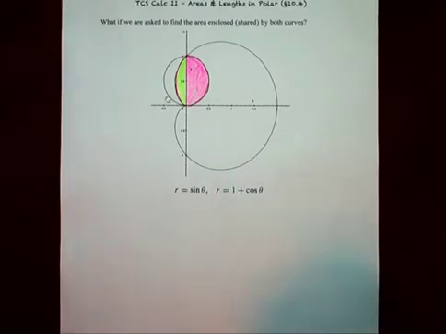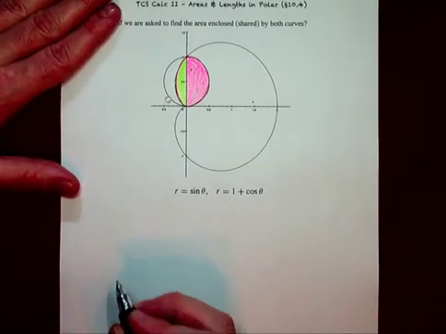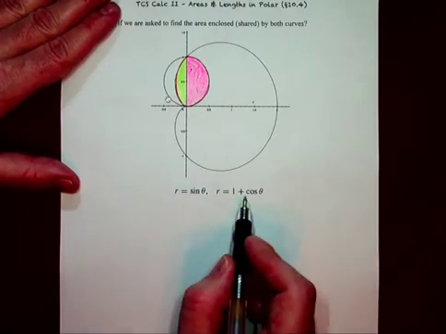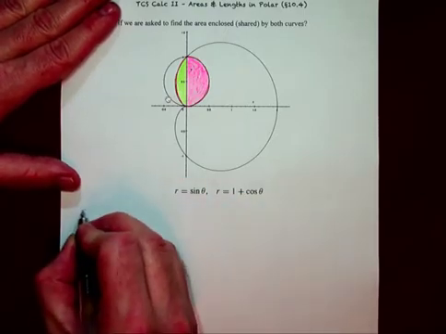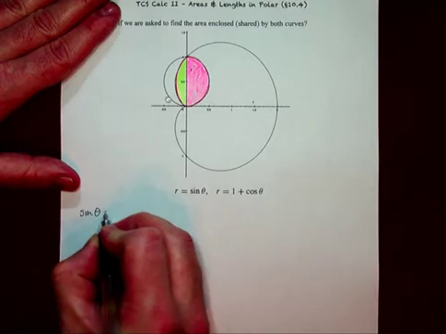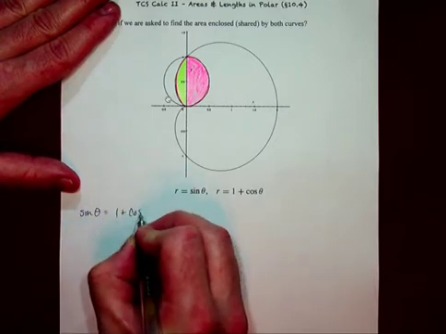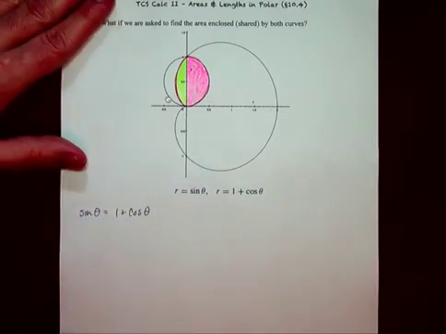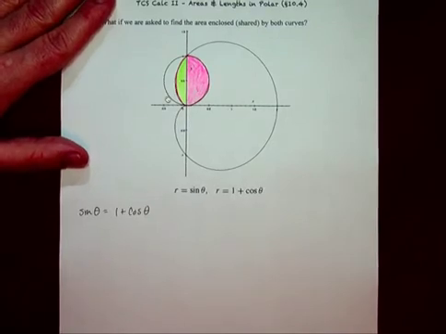Just for giggles, let's actually go ahead and find the points of intersection between our circle and our cardioid. And all we really have to do is just plug in. Right? Where is sine equal to 1 plus cosine?